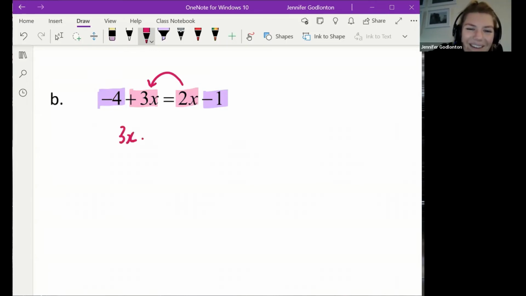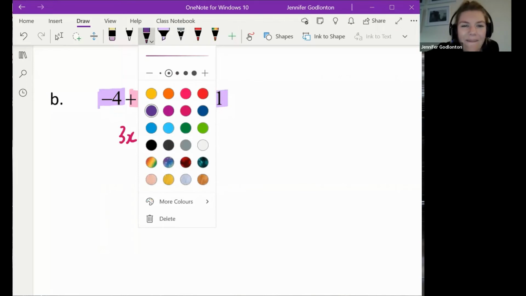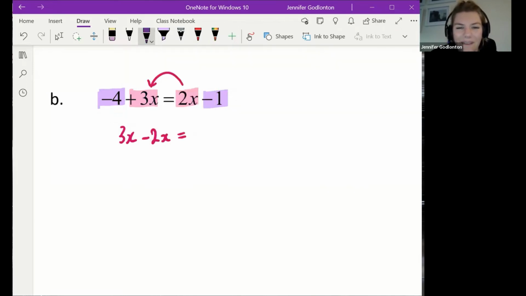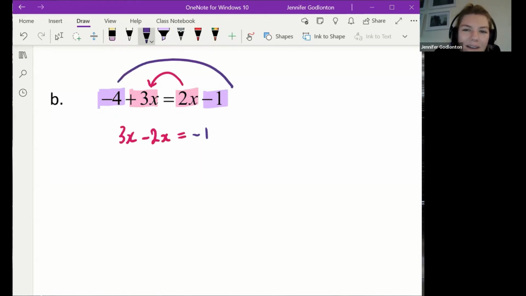Good. And then equals negative 1 plus 4. Nice.